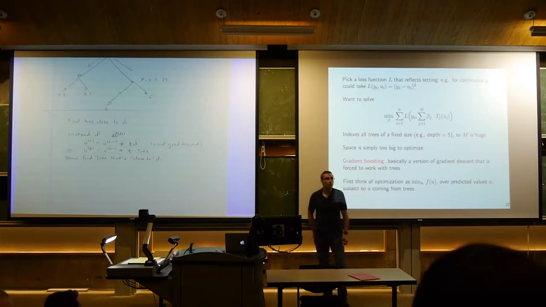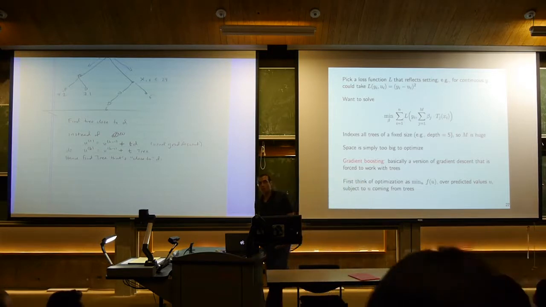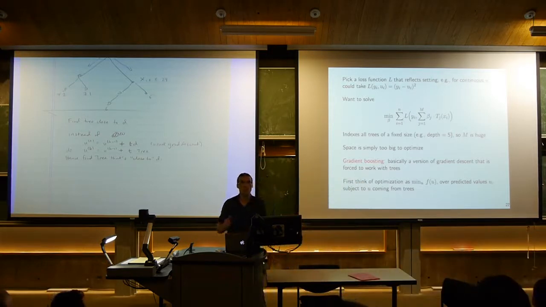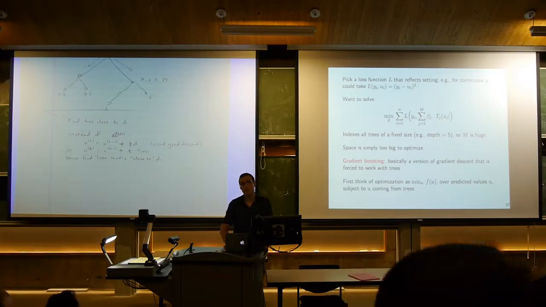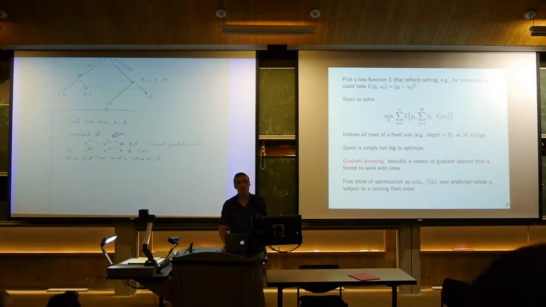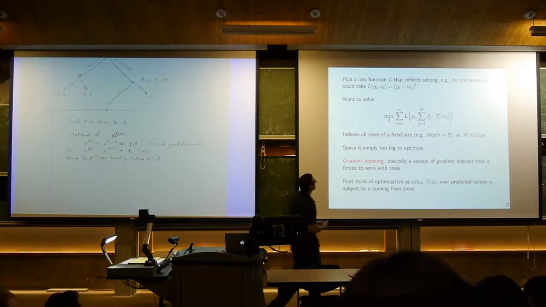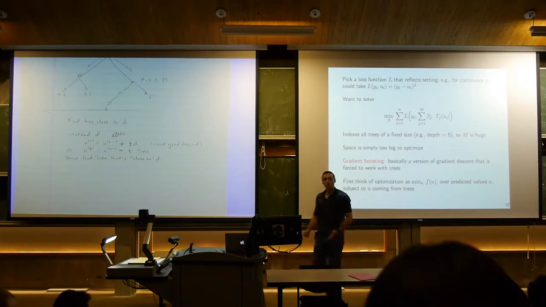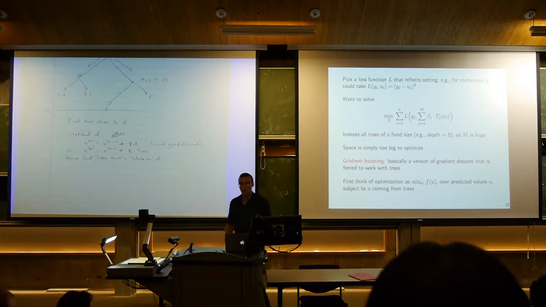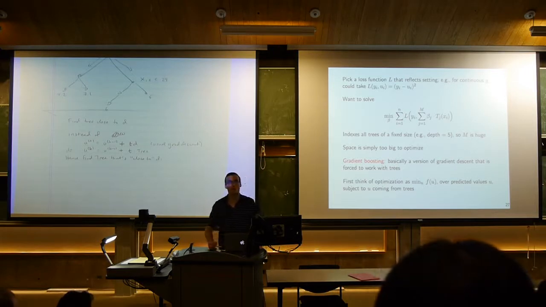That's maybe too much to ask for, because this space is so big. But if you ask whether you converge to something whose test error is good or close to optimal, not with respect to my loss in the training data but to held out data, then there's a bunch of theory on gradient boosting that says that yes, it comes pretty close to doing that.